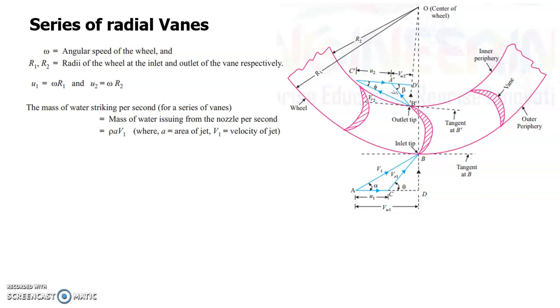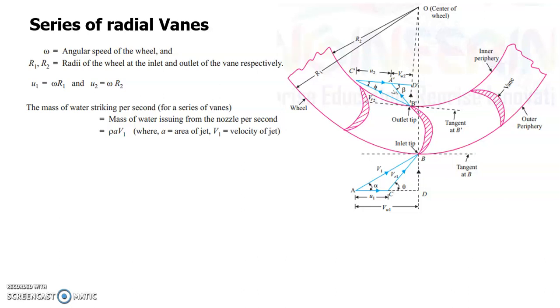So, as we have solved the other cases, we just move further with the same concepts of mass per second. The difference is we just need to move from the angular cases to the linear cases. Mass of water striking per second for a series of vanes is the mass of water issuing from the nozzle per second.